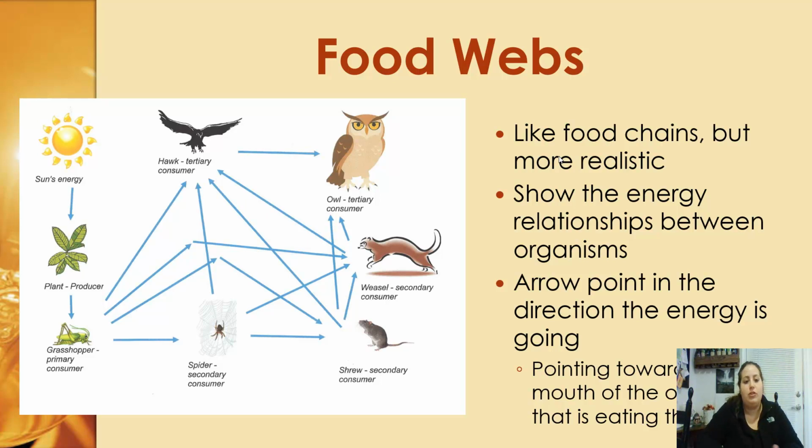So food webs just show a little more realism to what's going on. And essentially they're showing energy relationships between organisms, similar to an energy pyramid, but we're more looking at which organisms consume what for their energy. The arrows point in the direction that the energy is going, or as I like to think about it, it's pointing in the direction of where the food is going, into the other organism's mouth.